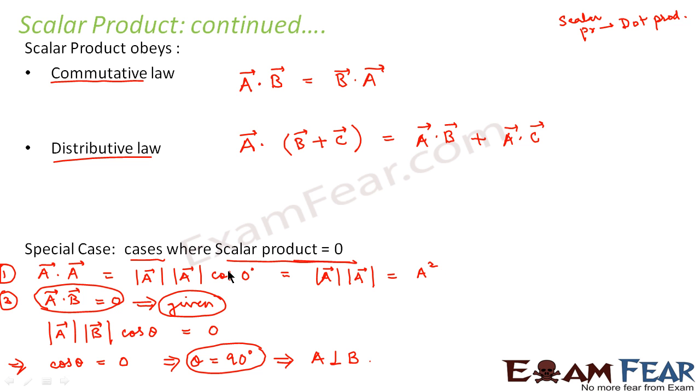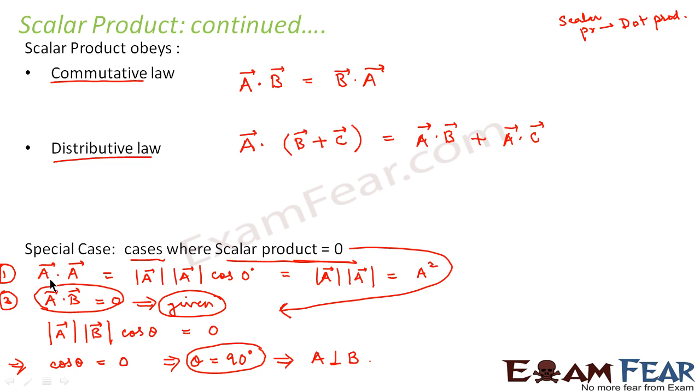Basically the heading on the slide is incorrectly written. The first case, the dot product of a vector with itself, is non-zero and equals the square of the magnitude. The second scenario is where the scalar product is equal to 0. So till now, what did we study about scalar product? Scalar product is also known as dot product. It is the product of two vectors to give a scalar, defined as A dot B equals AB cos theta.